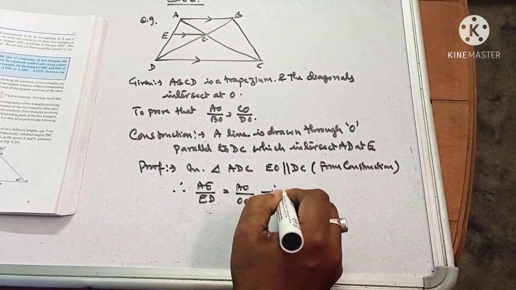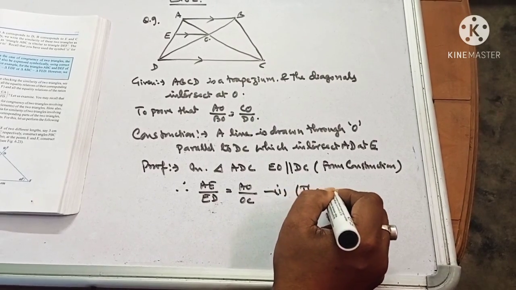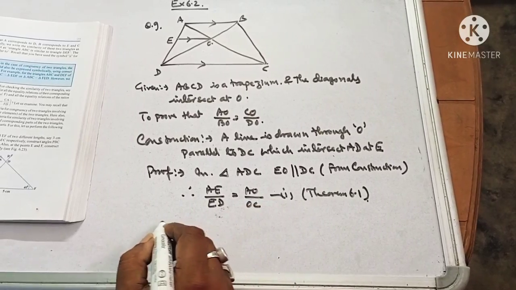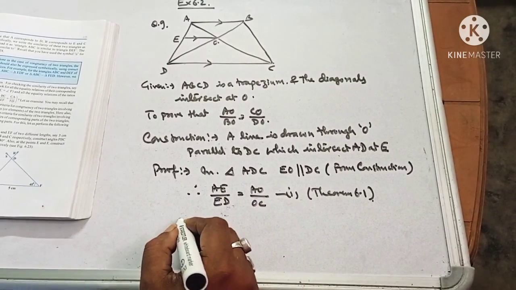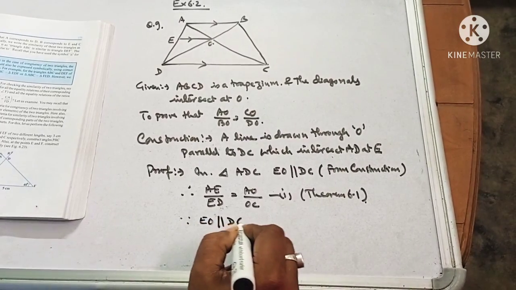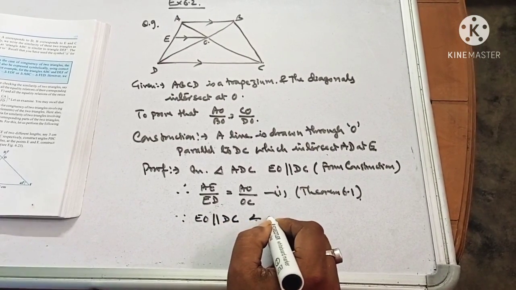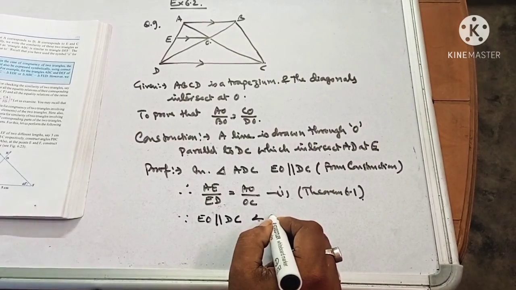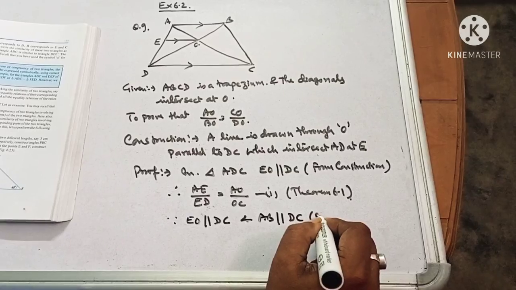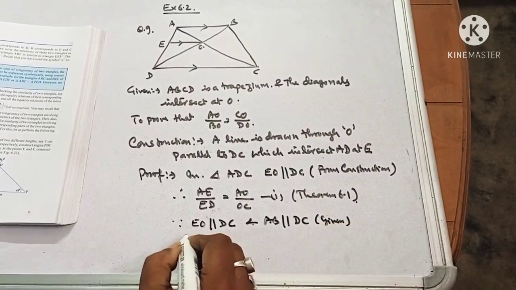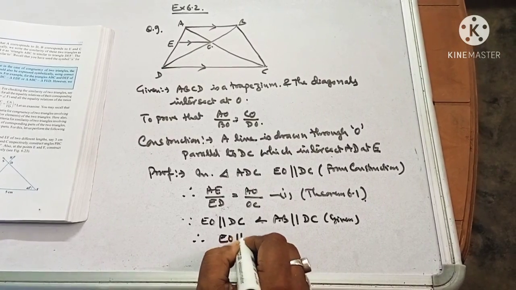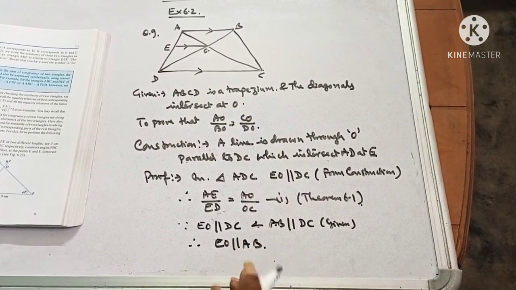This is equation 1 from theorem 6.1. Again, since EO is parallel to DC and AB is parallel to DC, this is given, therefore we can conclude that EO is parallel to AB.